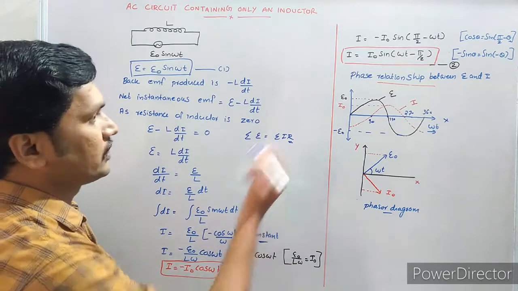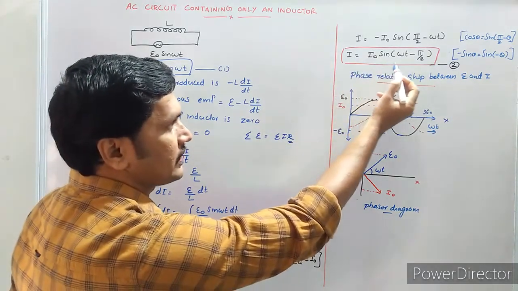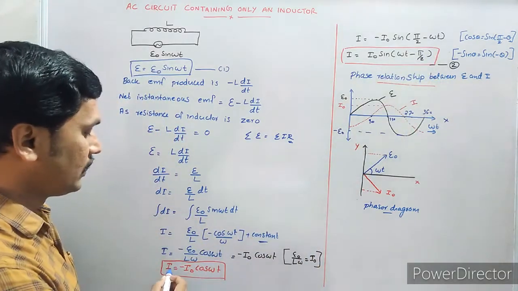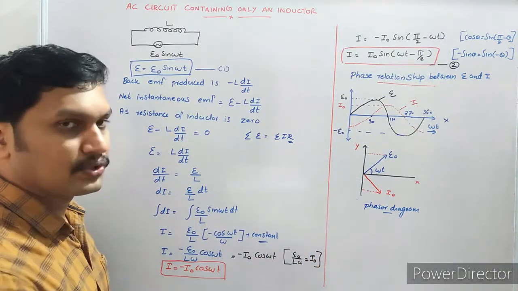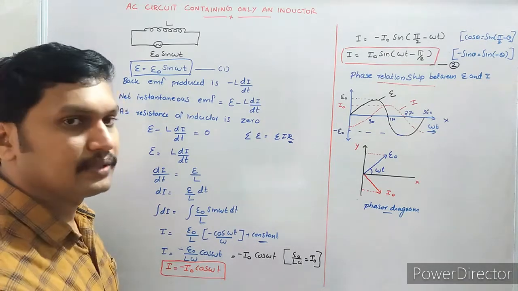So that's the variation of voltage. Now see the variation of current. We can write the current as either I equal to I0 sine omega t minus pi by 2 or I equal to minus I0 cos omega t. Better you take this, minus I0 cos omega t.